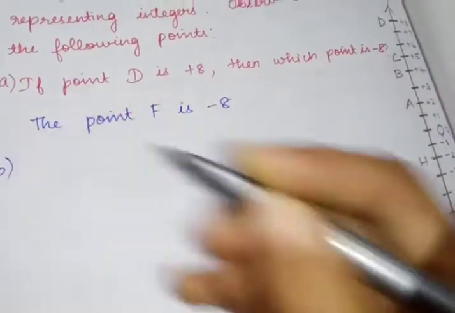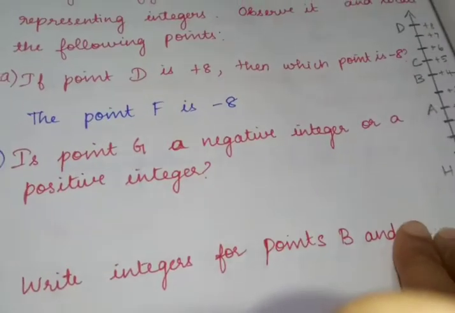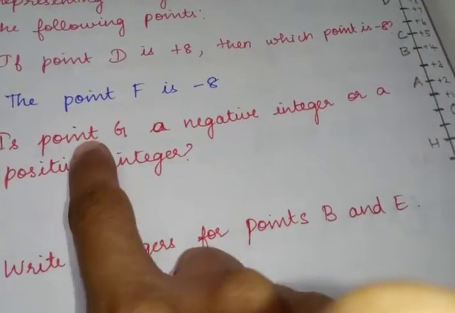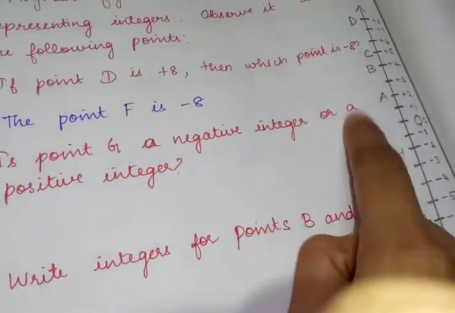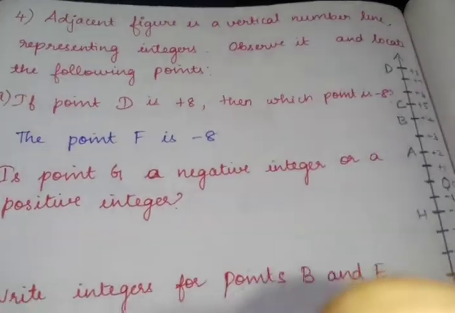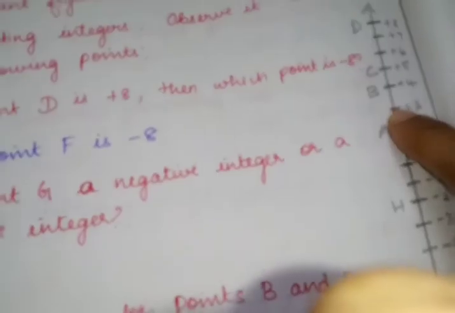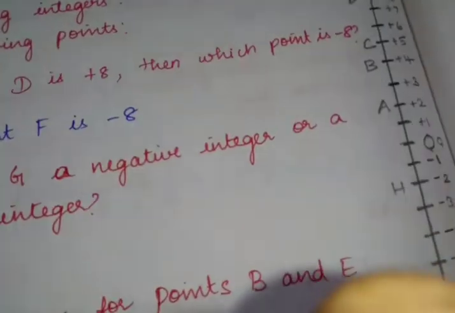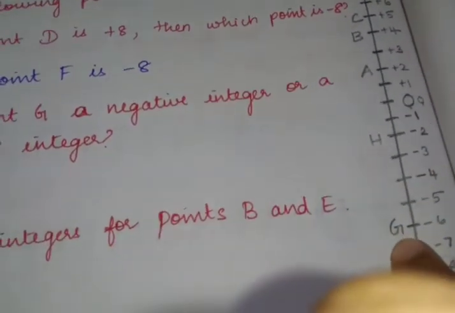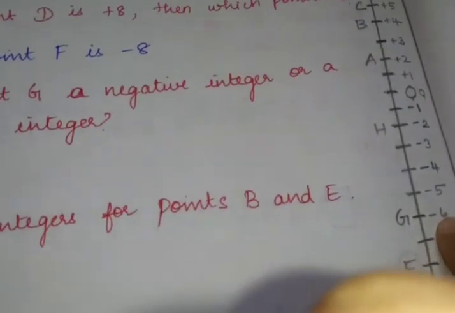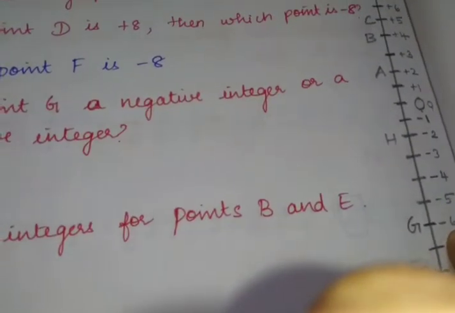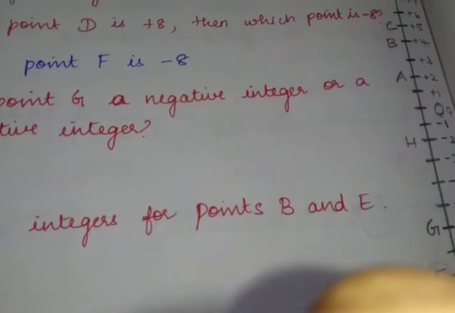The next subdivision, B subdivision, is point G a negative integer or a positive integer? So we have to check the point G now. So where does the point G come? Here. Okay, what is the value of G? Minus 6. Is minus 6 a positive integer or a negative integer?